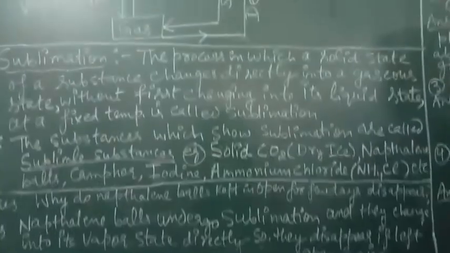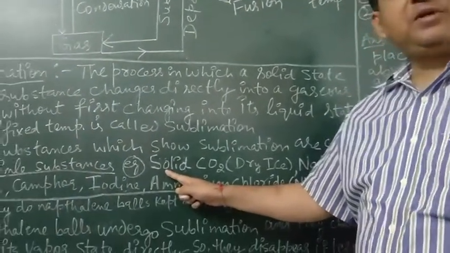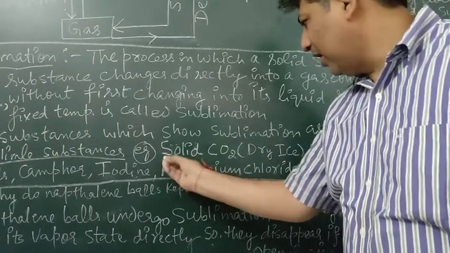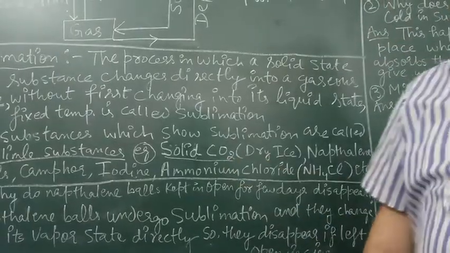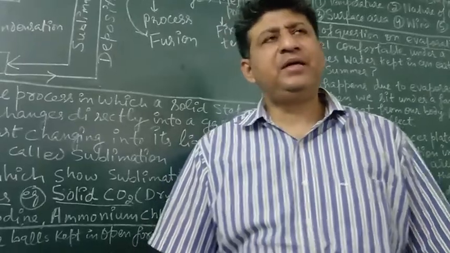Okay, now you must be wondering why Sir missed out on this sublimable substance, which has been written as solid carbon dioxide. Now, what does it mean, solid carbon dioxide?